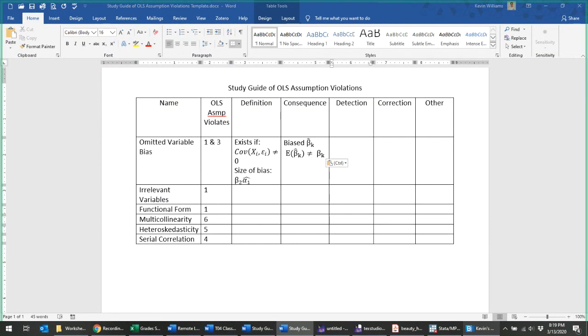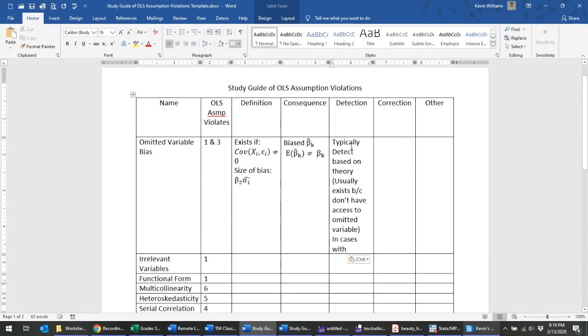And for each OLS violation, we're going to have a method of detection. In this case, detection usually is based on theory. Usually we have omitted variables bias because we don't have access to the omitted variable that we wish we had. So understanding when and why you have omitted variables bias really comes down to a good, solid understanding of the process of the outcome variable that you're studying.